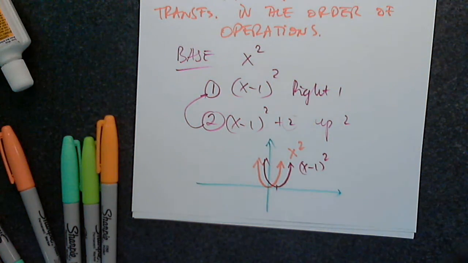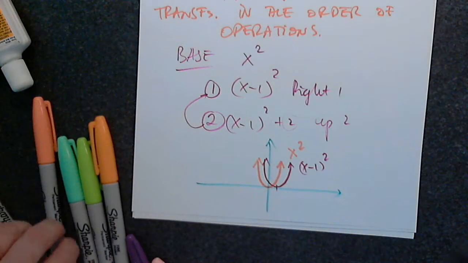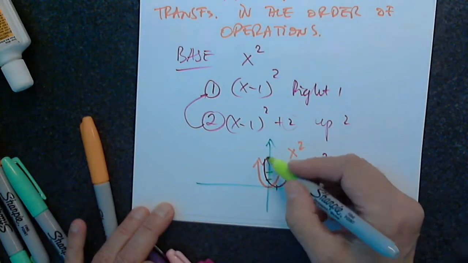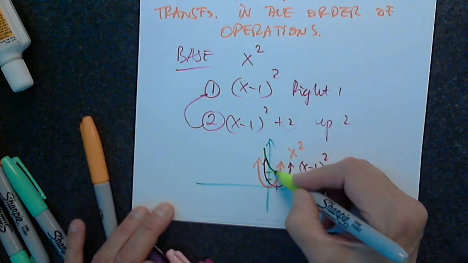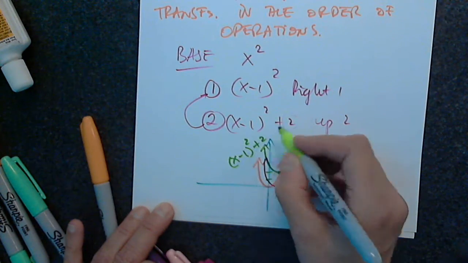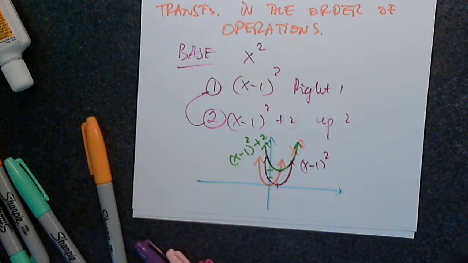And then you said, perfectly, move it up 2. That's exactly what I'm going to do. I am going to shift this graph, the purple graph, up 2. Here it is. So this is x minus 1 squared plus 2. So I graphed the base function and shifted it as you told me perfectly, 1 to the right and 2 up.